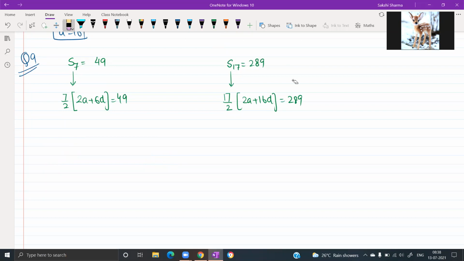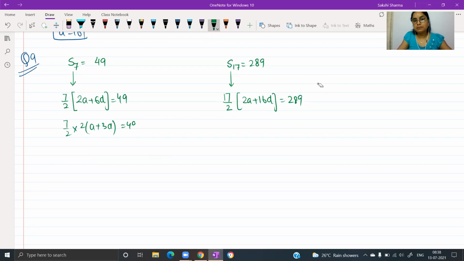We have these two equations which seem to be two linear equations in two variables. Simplify these. I'm just going to take 2 common from the bracket. Now this part is up to you how you work with 2 equations. A plus 3D equals to 7. I've just cancelled this. This is equation number 1.